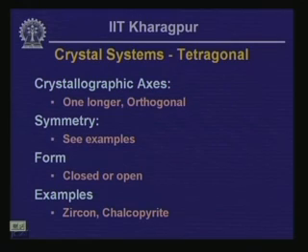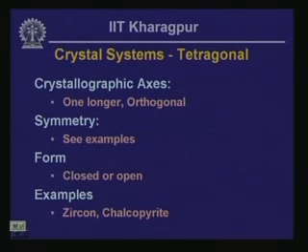What are the requirements for this type of crystal? One axis is longer than the other ones, and all the axes are orthogonal to each other. This is the requirement for a crystal to be classified as being of the tetragonal family.